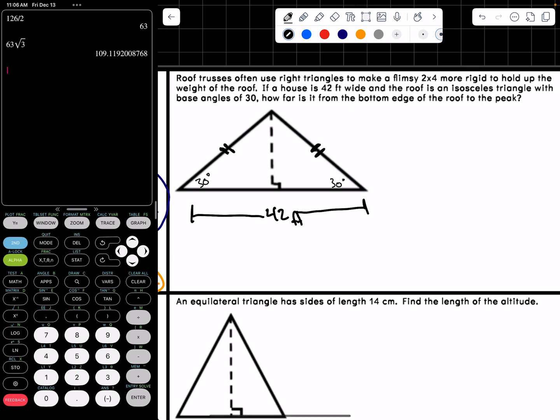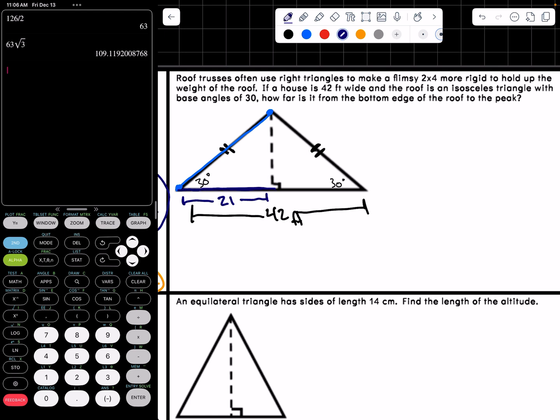How far is it from the bottom edge of the roof to its peak? So we are looking from the bottom edge of the roof to its peak, which will be the same on both sides, which is helpful information. So if I know that I'm going 42 across, then in an isosceles triangle, I'm going 21 feet to the middle, right here.